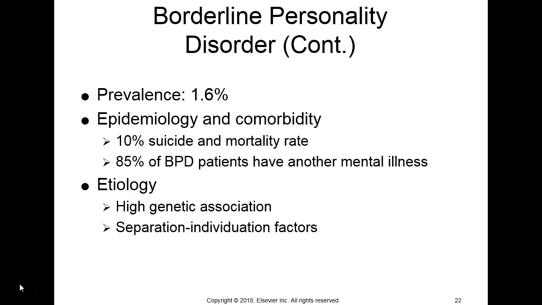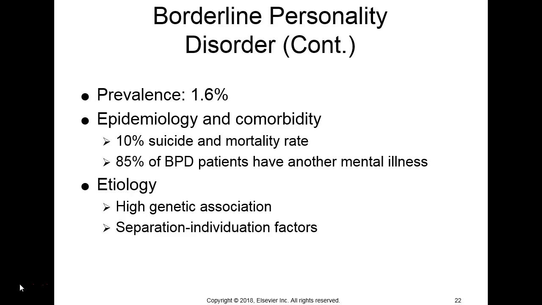And again, there's just a lot of comorbidities. So 85% have another coexisting disorder. They could have bipolar disorder too, actually. There's a high genetic association, and they have some separation-individuation factors. Again, those might be stemming from very difficult childhoods.